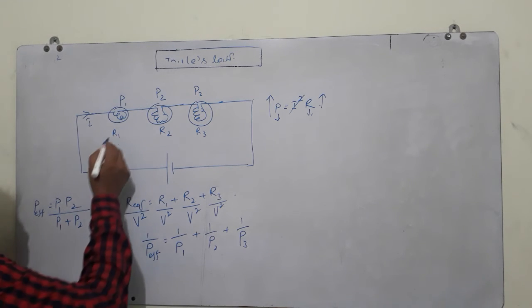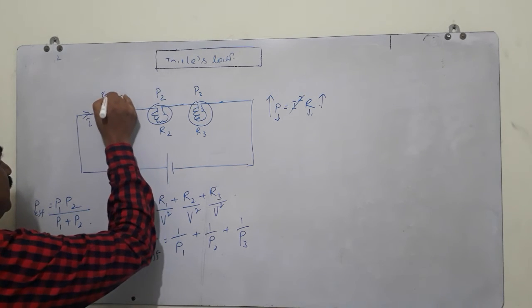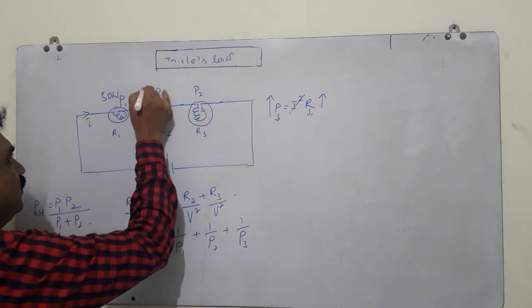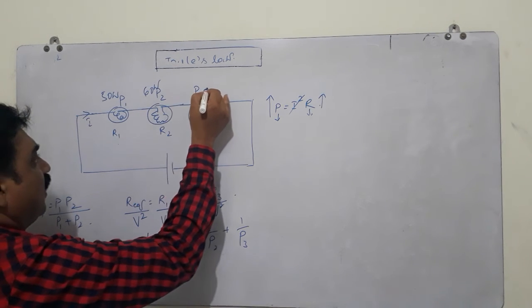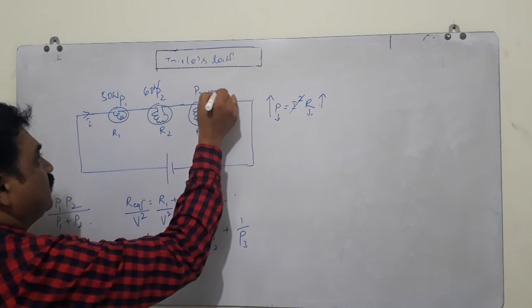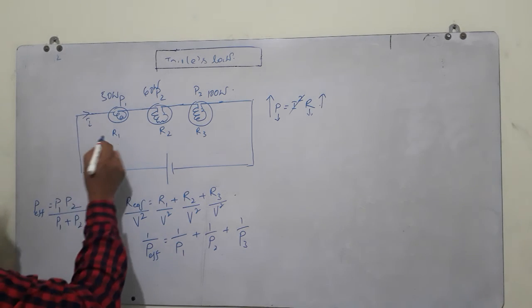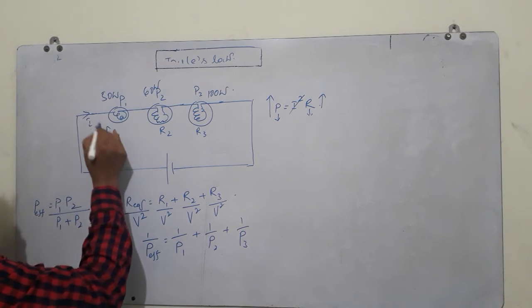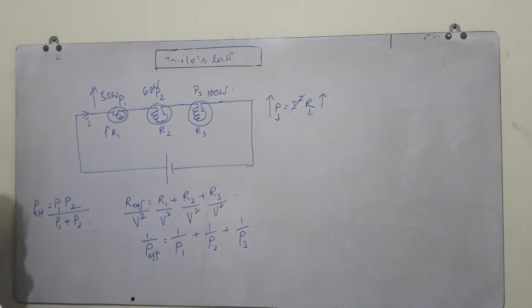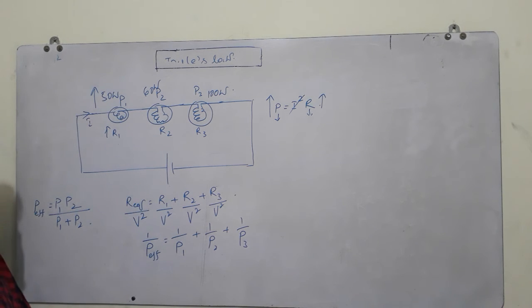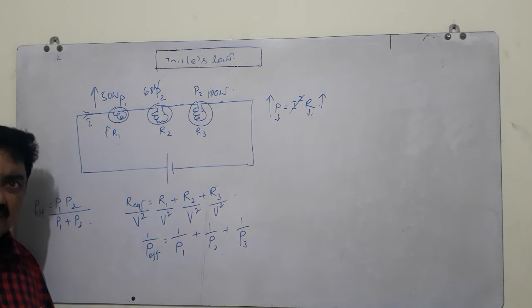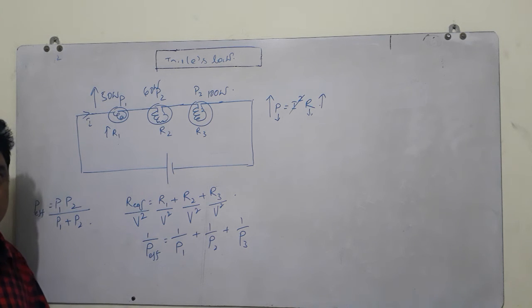That means here this bulb is with 50 watt, this is with 60 watt and this is with 100 watt. Which bulb glows brighter? The bulb with more resistance glows brighter. So, in series combination, low wattage bulb glows brighter.